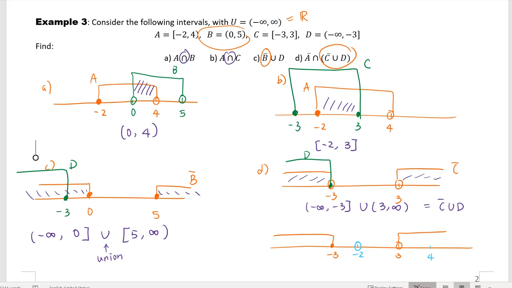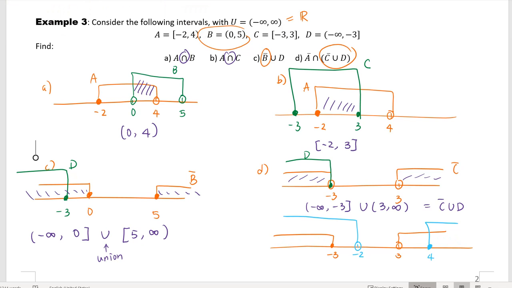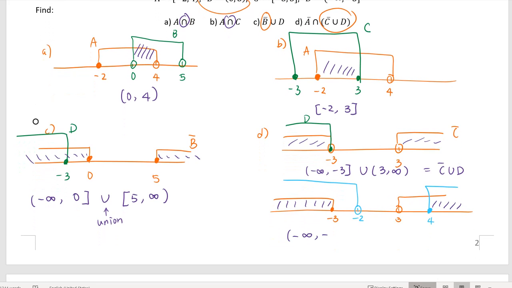Because A does not include 4, the complement will include 4, and it's outside. We are talking about intersection. Intersection is the common region. Maybe I should use purple color. Intersection, the common region. This is minus infinity to -3, and union 4 to infinity.